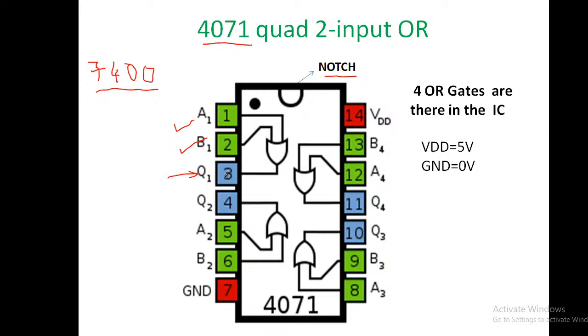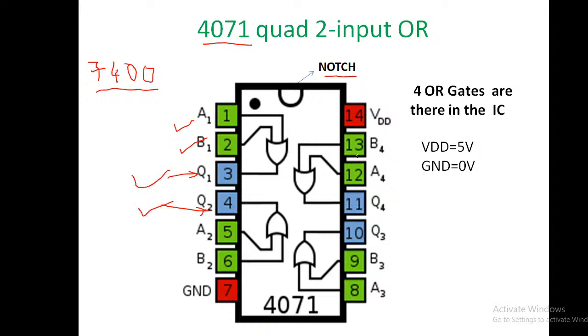There is no problem. But what about this one? In case of the 74 series OR gate, pins 4 and 5 used to be the inputs and 6 used to be the output for the second OR gate. Here, the two outputs are face to face in case of the 4000 series, this one and this one.